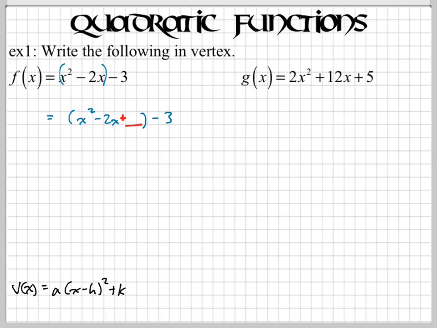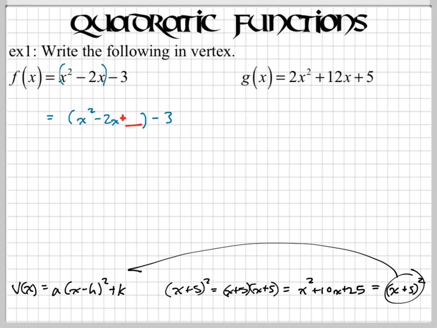If I take, let's say, x plus 5, and I square that, that would be x plus 5 times x plus 5, and then when I multiply it all out, I'm going to get x squared plus 10x plus 25. This polynomial right here, that's a perfect square trinomial. And whenever you have a perfect square trinomial, when you factor it, you will write it like this. Now this is what we want for our vertex form.